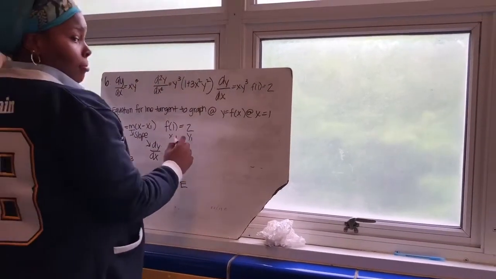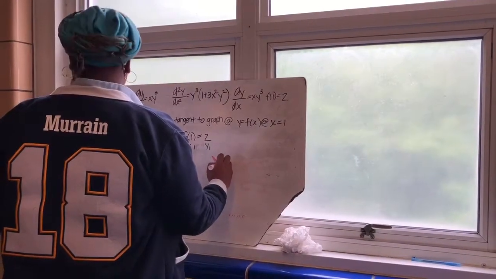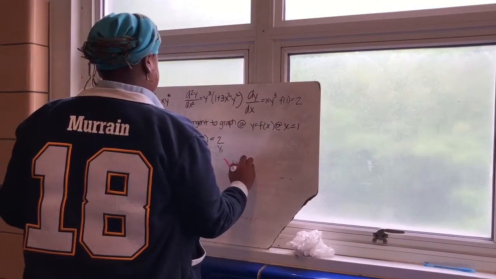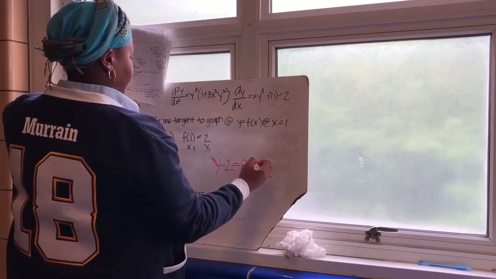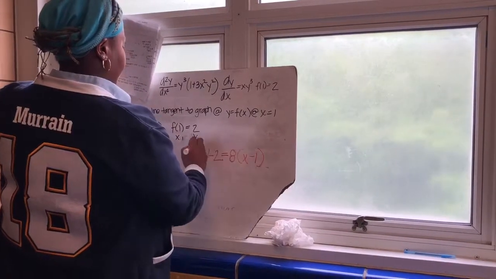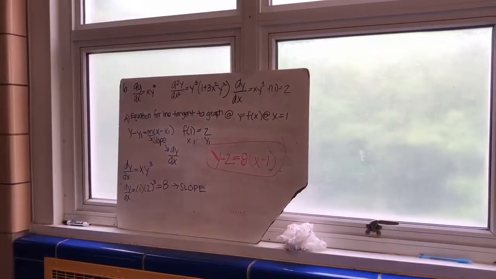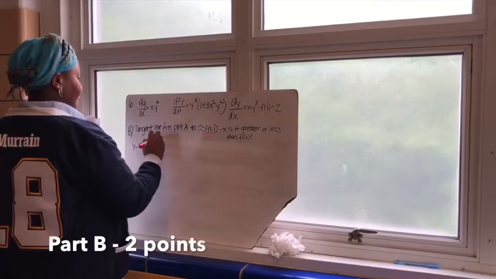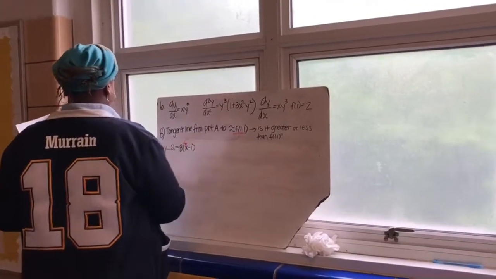I'm just switching my marker colors. So now you finally have our full equation, which is y minus 2 equals 8 parentheses x minus 1, which is your final answer. For part B, it is asking us to approximate f of 1.1.